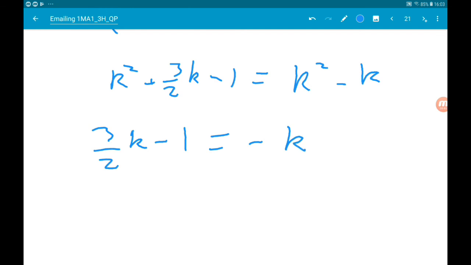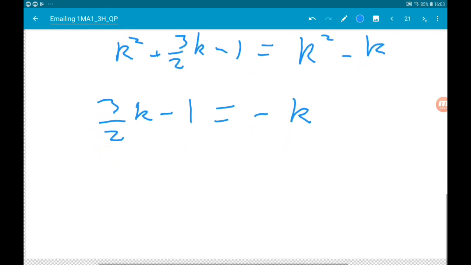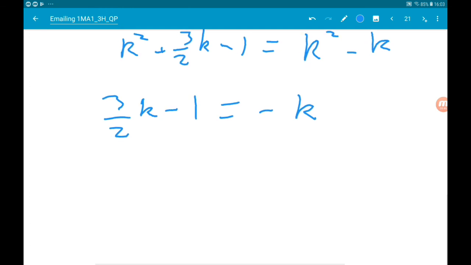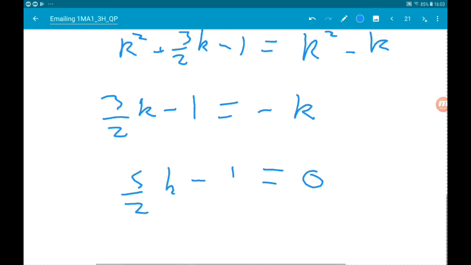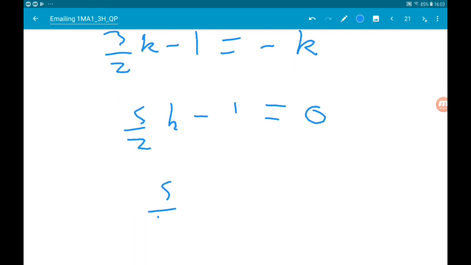Now if we add k to both sides, k is 2 halves k, so if we add that to 3 halves k, we get 5 halves k. Minus 1 is equal to 0, add 1, so 5 halves k is equal to 1.